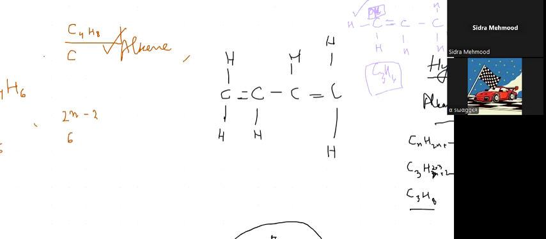So it's not simple. It's a diene that you have made, with two double bonds. However, you have to draw only one triple bond between the carbons.